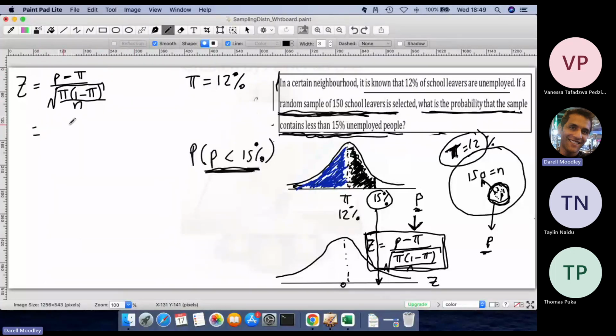For P, you substitute the value you're interested in, 15%. Your pi is 12%, and your N is 150. Substitute all those values and you'll get a Z value of 1.11.